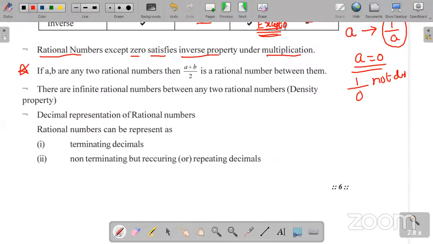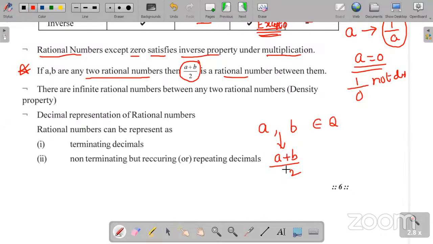This is very important. If a, b are any two rational numbers, then (a plus b) by 2 is a rational number between them. For example, a, b are two rational numbers. In between them there exists a number, that is (a plus b) by 2. (a plus b) by 2 is a rational number that always lies between a and b.